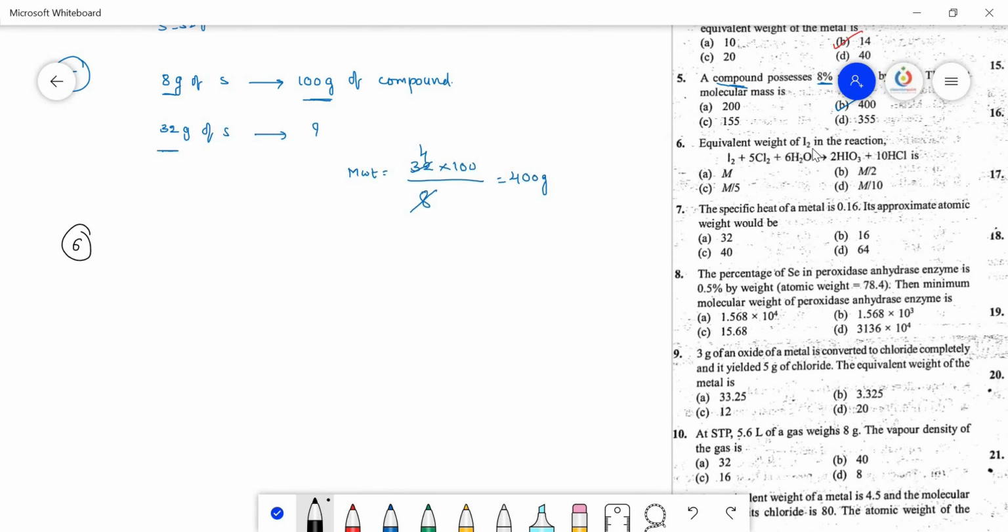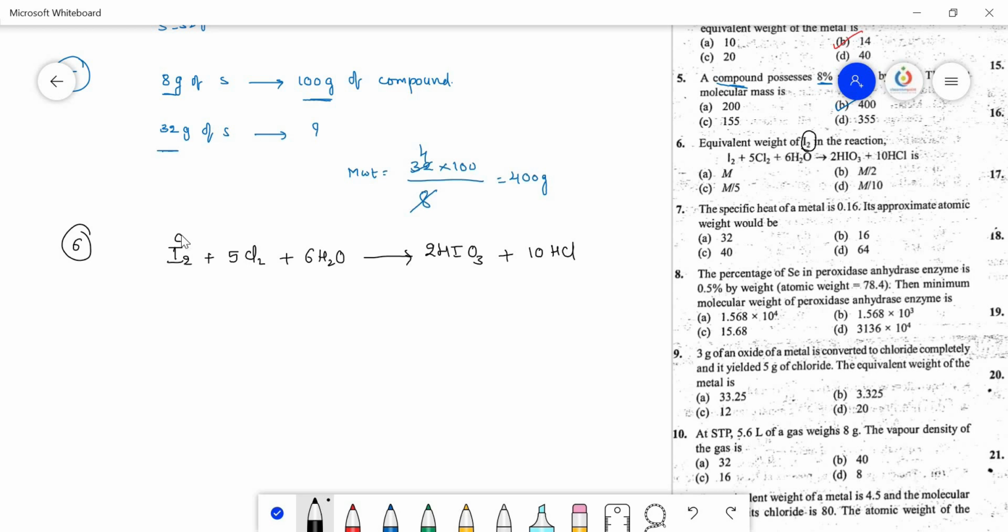The equivalent weight of iodine in the reaction is. So the reaction they clearly mentioned is I2 plus 5Cl2 plus 6H2O gives 2HIO3 plus 10HCl. So in this reaction they are asking only about the equivalent weight of iodine.